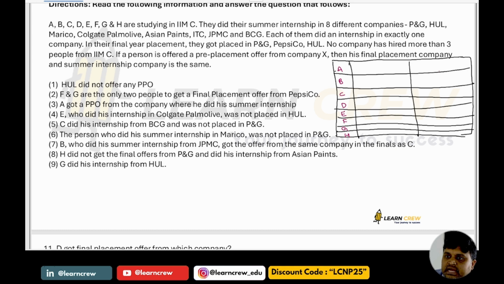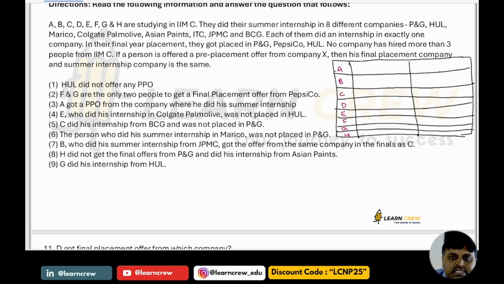No company has hired more than 3 people from IIMC. In their final placement, they got placed in P&G, PepsiCo and HUL. So the companies where they are placed must be either PepsiCo, P&G or HUL. 8 persons are there. No company has offered more than 3.